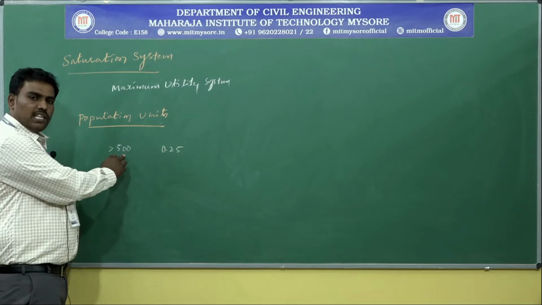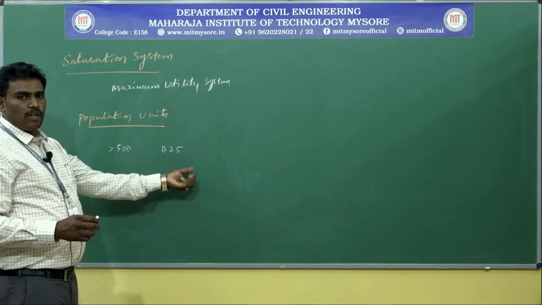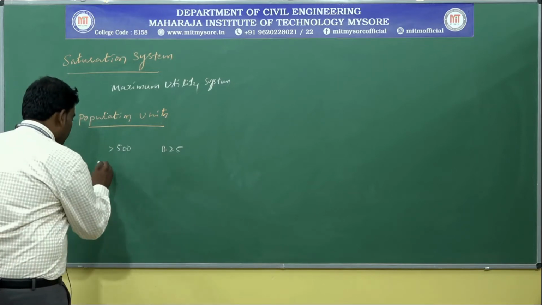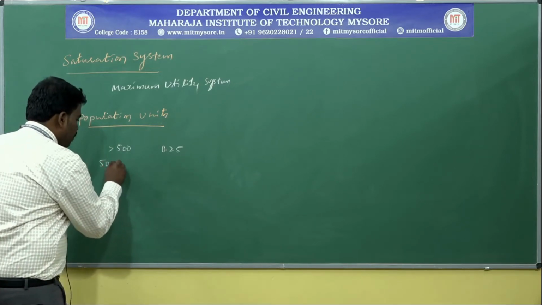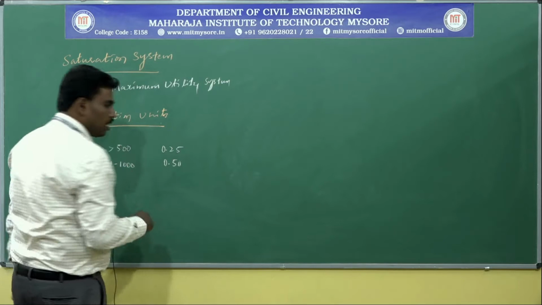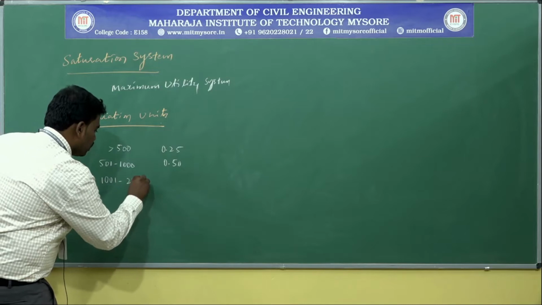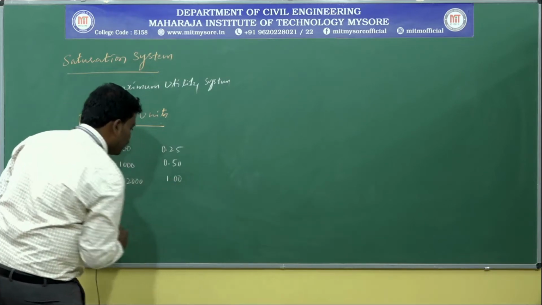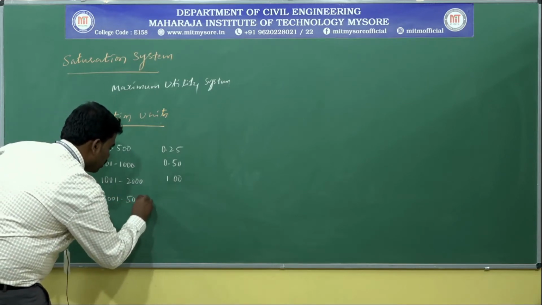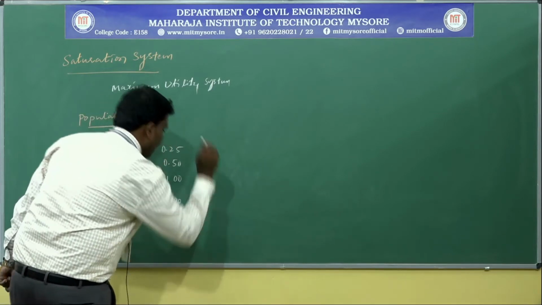Then for the population from 501 to 1000, you may assign 0.5 as a population unit, and from 1001 to 2000 you may assign 1 as a population unit, and from 2001 to 5000 you may assign 2 as a population unit, and so on.